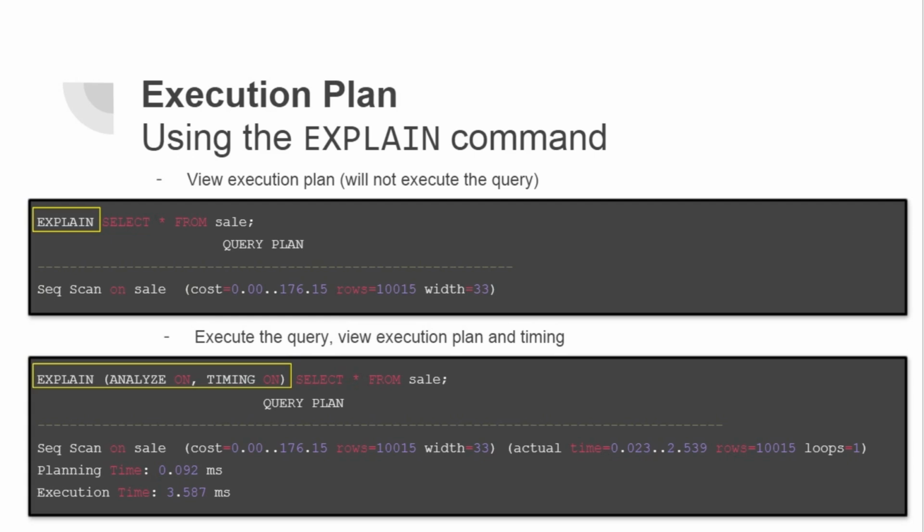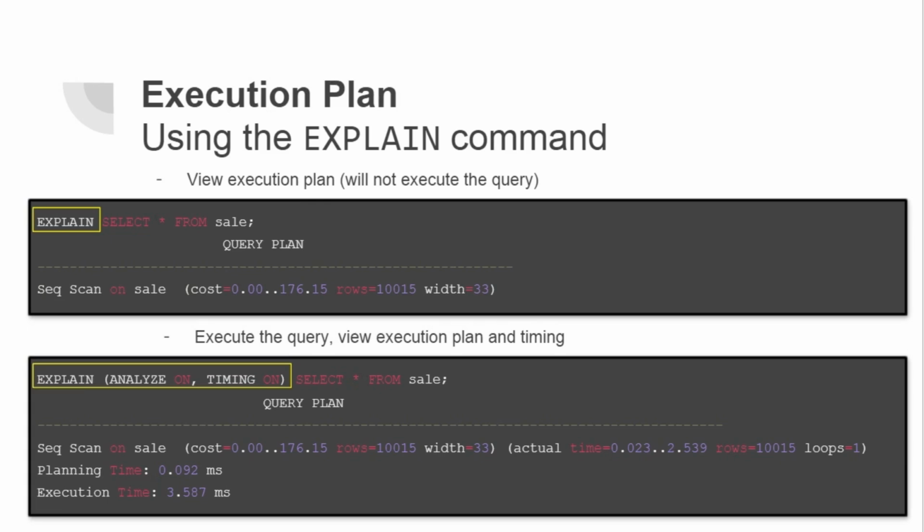This is a simple query, so it didn't take the database a lot of time to generate an execution plan. You can see that it took 0.092 milliseconds to produce an execution plan for this query.